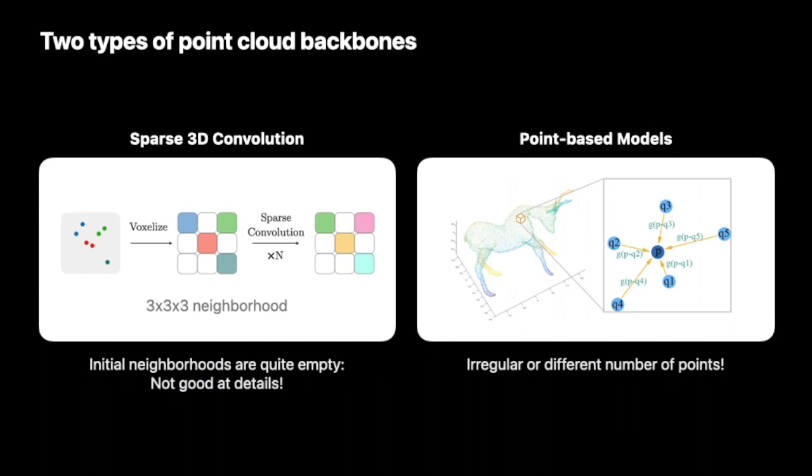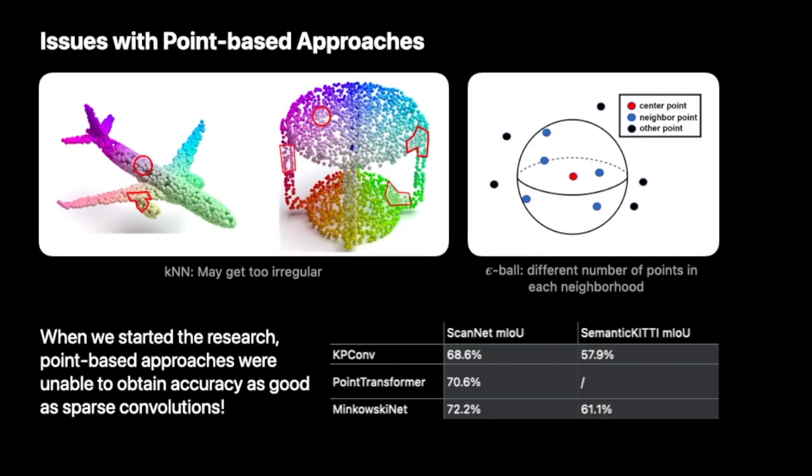Another type of network is point-based methods, which usually rely on k-nearest neighbors or an epsilon ball to gather a neighborhood. However, the neighborhood could be irregular or have a different number of points. And that's why, when we started the research, point-based approaches were usually not able to obtain accuracy as good as sparse convolutions, such as the Minkowski network.